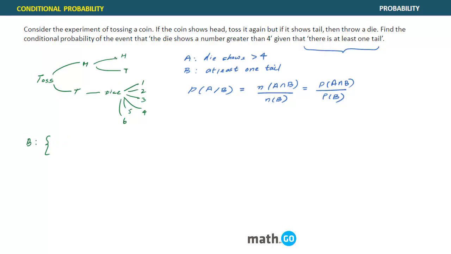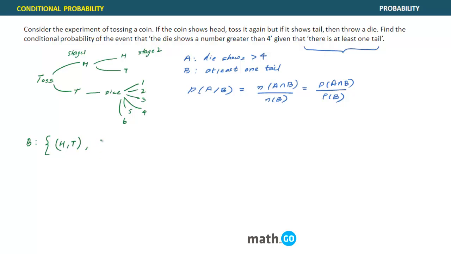And since it is a 2-stage event, let's say this is stage 1, where the first coin was tossed, and this is your stage 2, where the die is thrown, right? So the ordered pair will be of 2 dimensions, stage 1 and stage 2. So you want at least one tail. One tail can be obtained when at the first toss head comes and at the second tail comes.